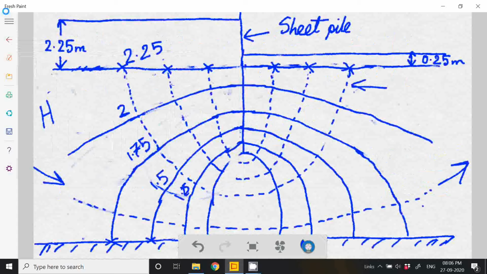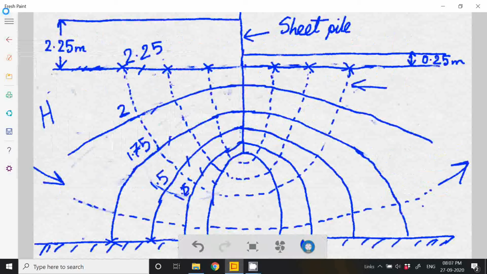Okay, so now can you tell me how many drops are there? It depends on the number of equipotential lines that you have drawn. So there is one drop from here to here, two drop, three drop, four drop, five drop, like this.